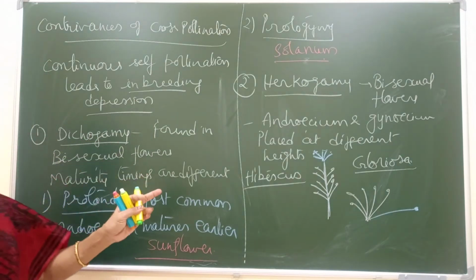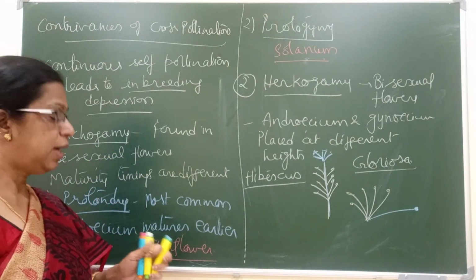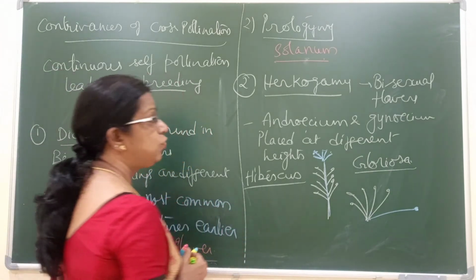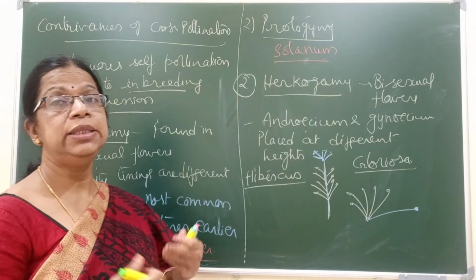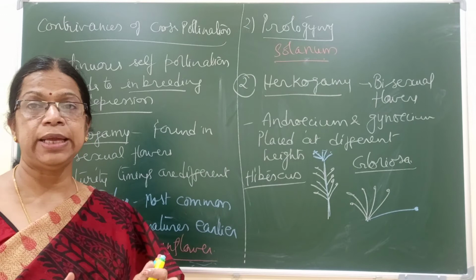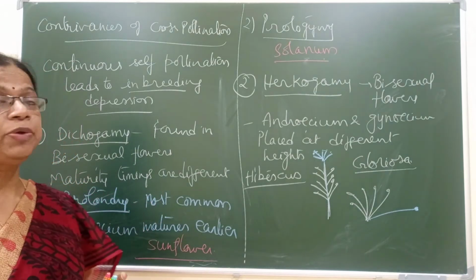So these hercogamous flowers are morphologically and physiologically bisexual, but due to a physical or morphological barrier, self-pollination is prevented.